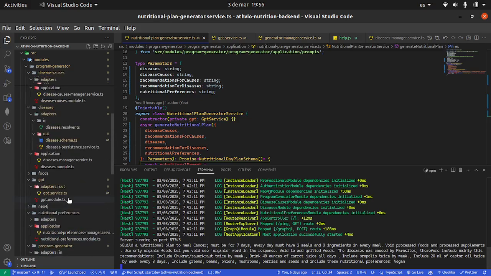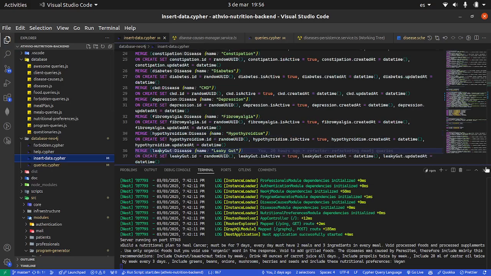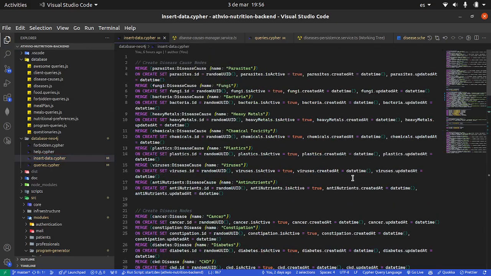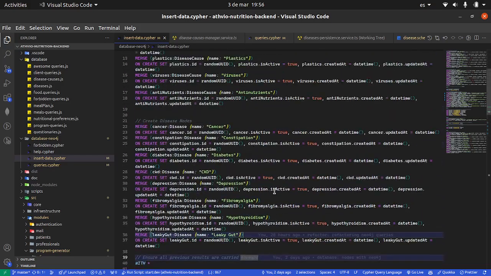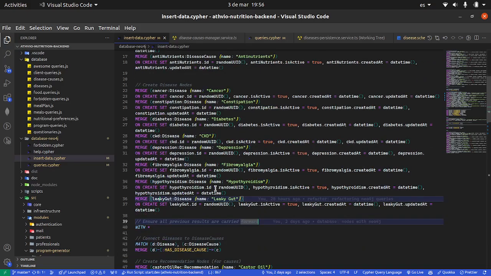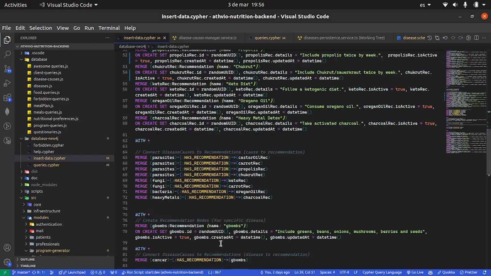Yeah, I need to add this to the database. As you can see, it is the data that I insert in the database. Maybe it will be difficult to understand, but basically here is where I have the recommendation for cancer. G-bombs, according to Joel Fuhrman.